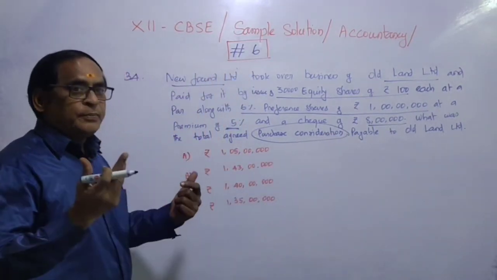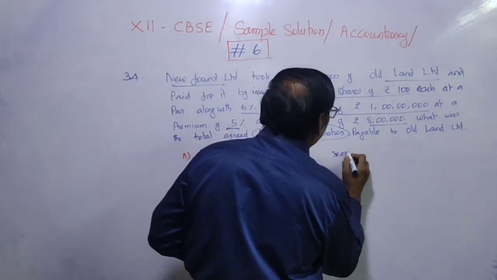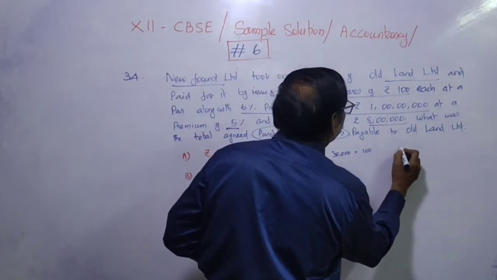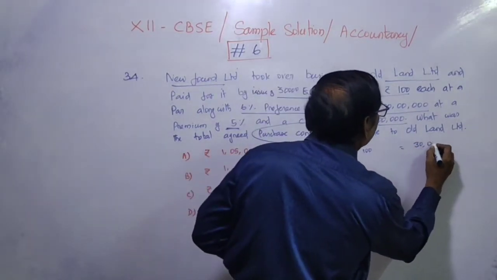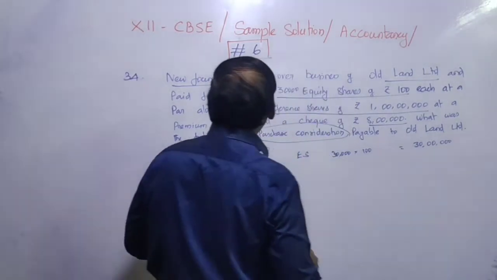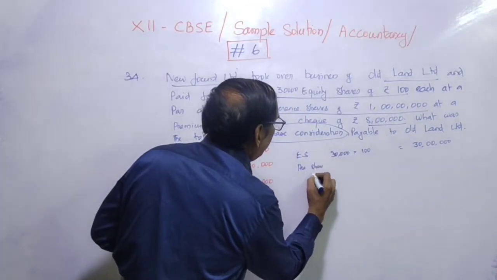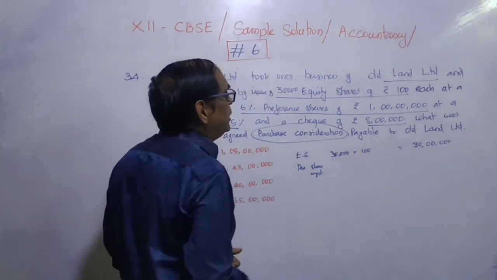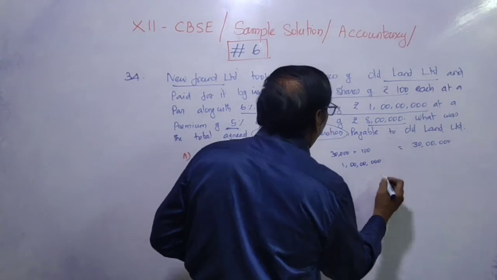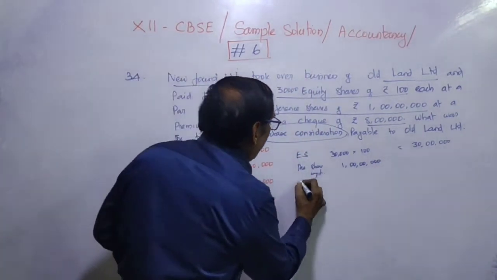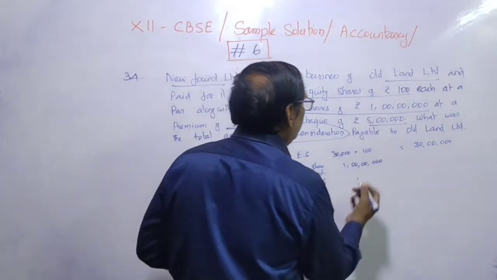Equity share capital, how much are we paying? 30,000 shares into 100 rupees, that is 30 lakhs. And then preference share capital, that is 1 crore along with the premium 5%. We have to add 5% premium, that is 1 crore 5% means 5 lakhs.